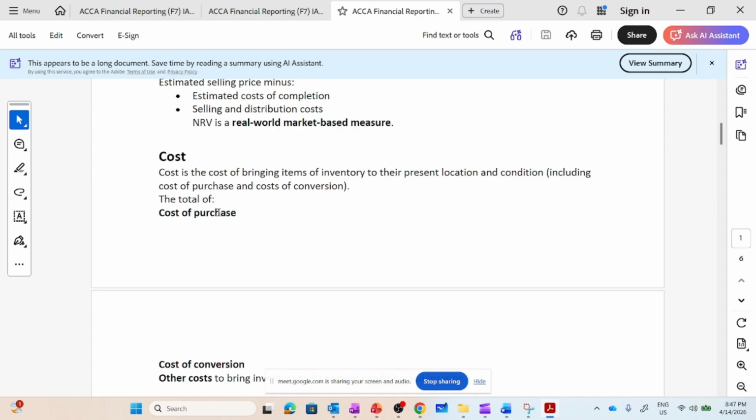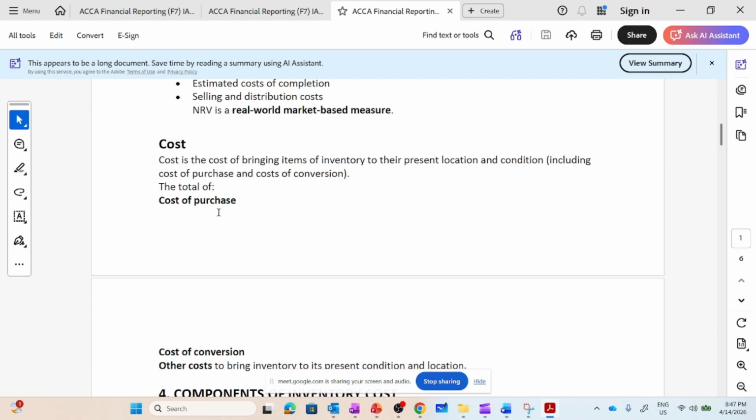One, it will reduce our profitability. It will increase the chance of raising our selling price, because if the cost of production is high, then the business might not make profit from that particular production. And also, it will overstate our asset value because we are going to show it as current asset in the financial statement. So it is very much important the valuation of your inventory is 100% correct.